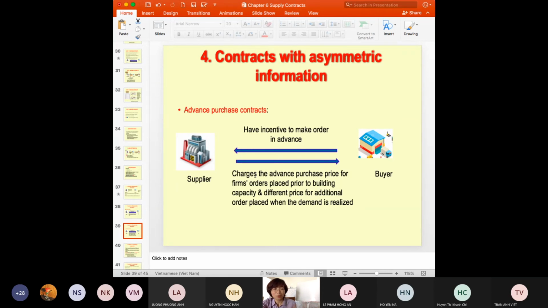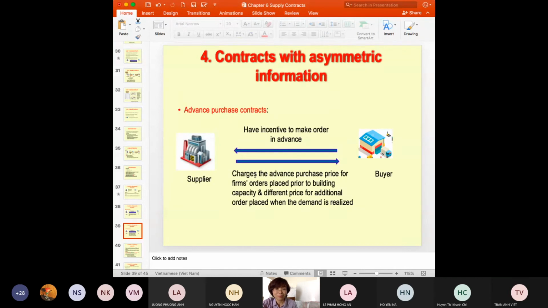So it means the supplier can know the real demand from the buyer. It means we divide into levels. If you order the first time, you get a lower price. But after that, if you place an additional order, you get a higher price. So the buyer will consider how many products they should order.